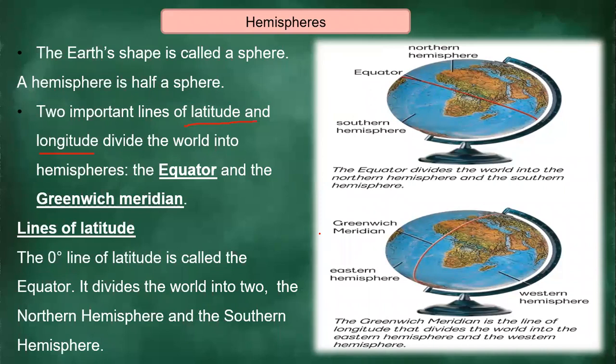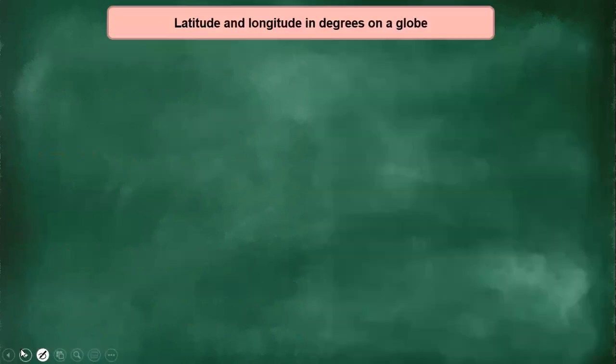If I ask which hemispheres the equator divides the globe into, you will say the northern hemisphere and the southern hemisphere, and the Greenwich Meridian divides the world into the eastern hemisphere and the western hemisphere. Those are the differences.